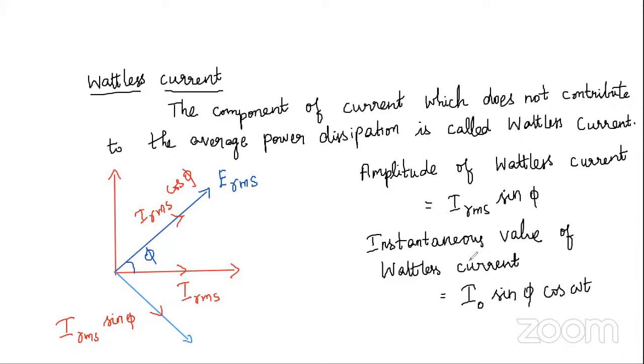So this is the equation for finding the instantaneous value of wattless current: I naught sin phi into cos omega t.